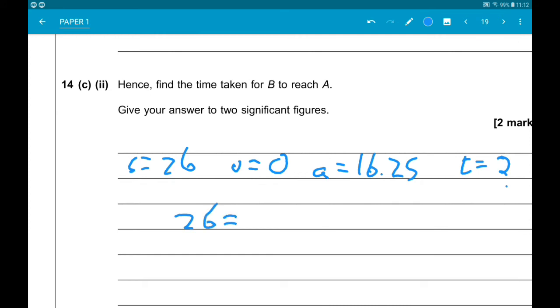UT disappears because U is 0, so we get add 16.25 over 2 t squared. 16.25 over 2 is 8.125.